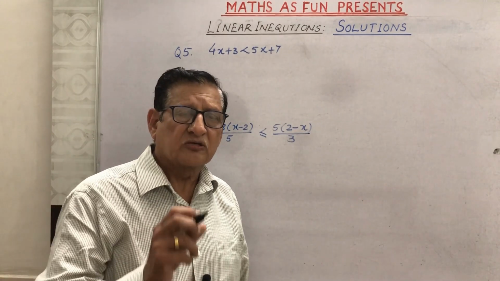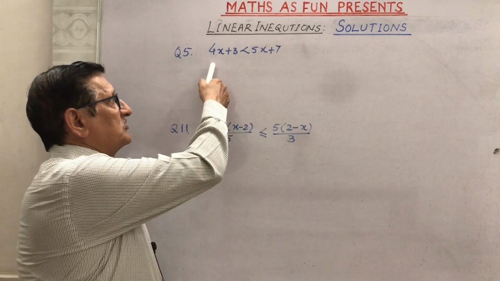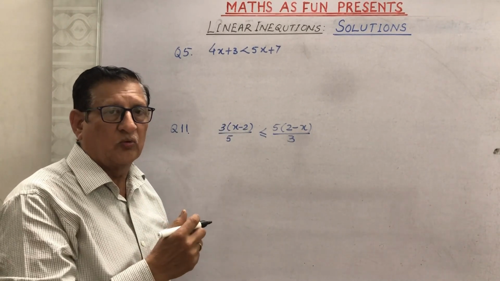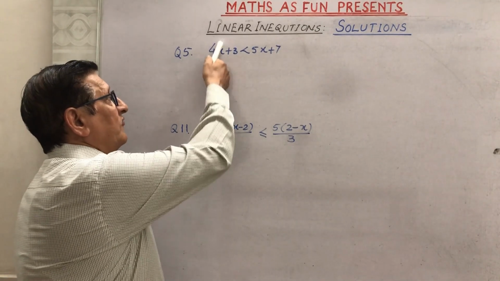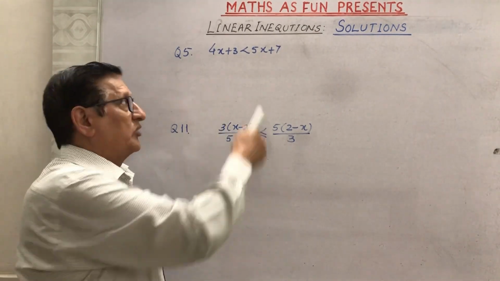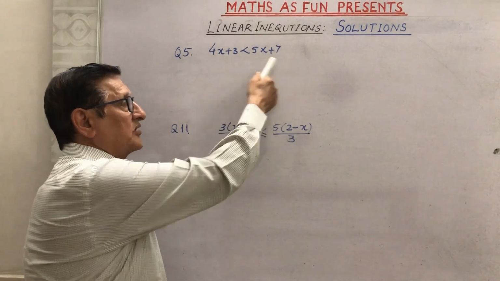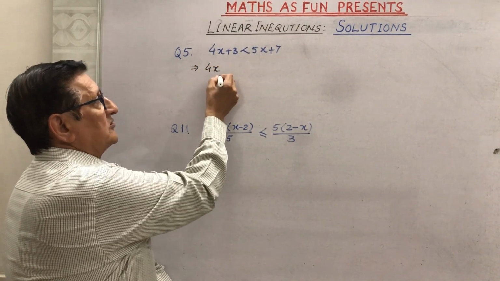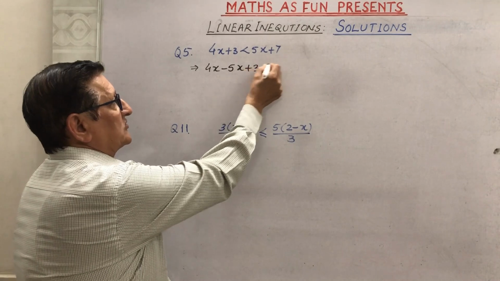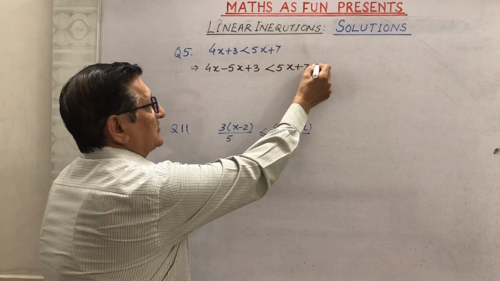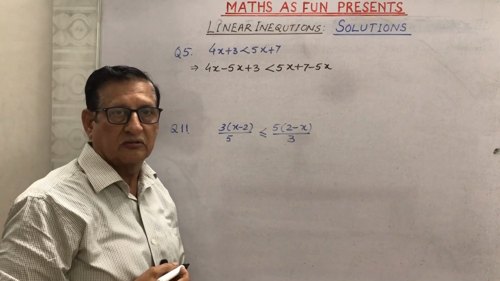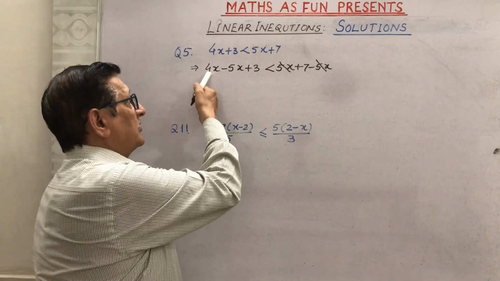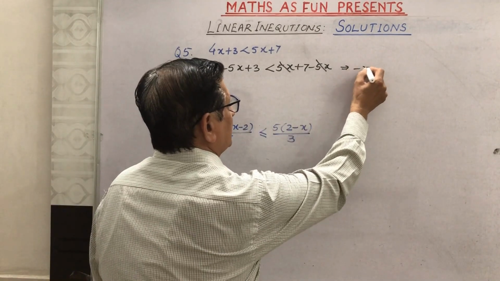The next question we are taking is question number 5 from the same exercise, which is 4x + 3 < 5x + 7. What do we do? First of all, we have to take only one variable onto one side. To eliminate 5x from this side, we subtract 5x from both sides. And for that we get 4x - 5x + 3 < 5x + 7 - 5x. The 5x and 5x cancel here, and 4x - 5x is -x.